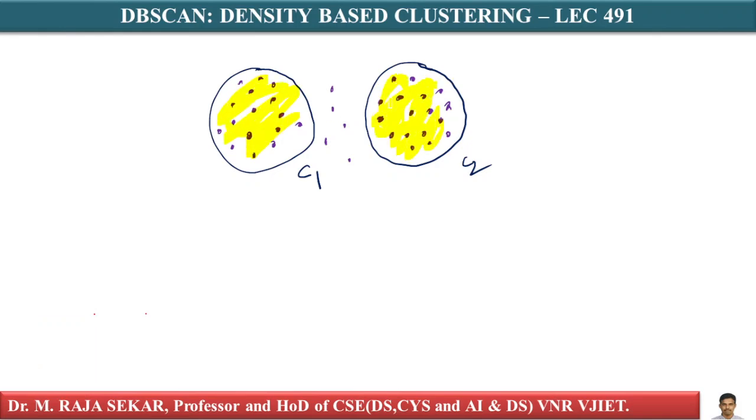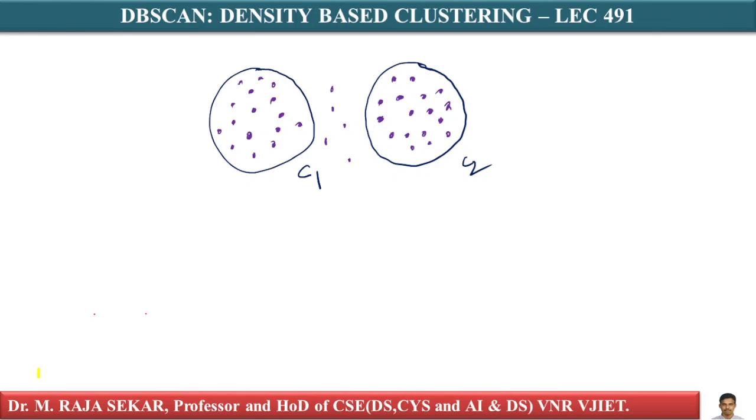This is a dense region. This is a sparse region, something like that. Sparse basically means there are few points, but we will see how to mathematically quantify it.